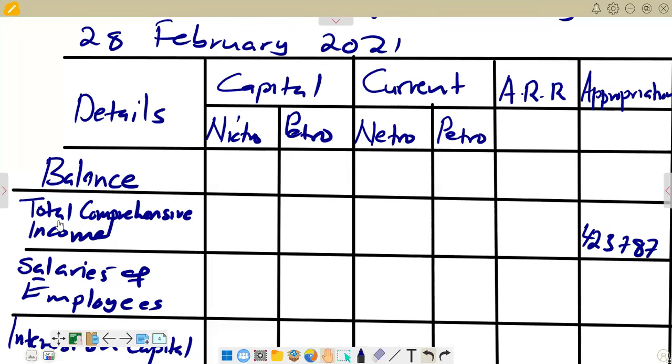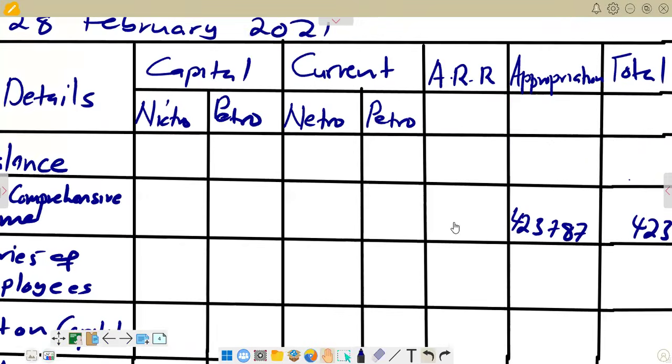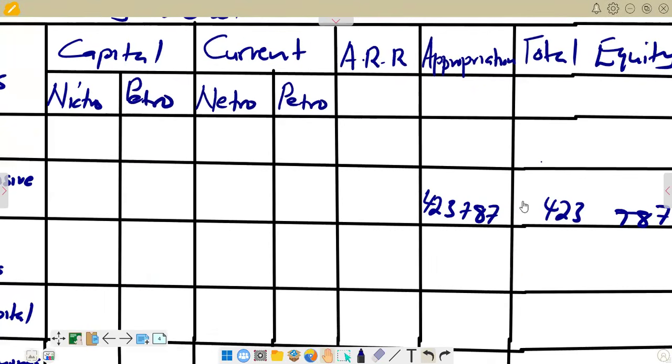The amount that we have for total comprehensive income is 423,787. It's pre-entered here because we calculated it in the last video. It also appears in the column of total equity. So we are going to put it in the column of appropriation, and then it will again be in the column for total equity.